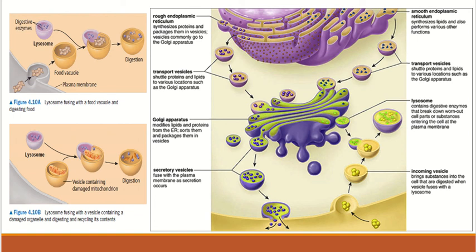So from the image, it is very evident that another member of the endomembrane system, your vesicles, are of different types, named depending on their function. So first you have transport vesicles, which shuttle proteins and lipids from both the RER and SER towards the Golgi apparatus. They simply transport.